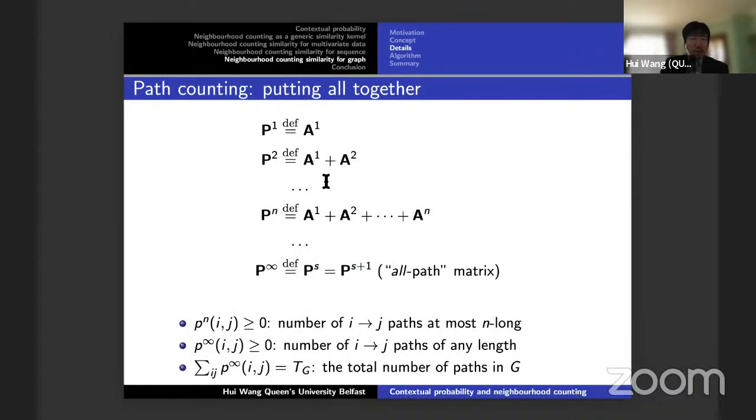That is the accumulation of all the adjacency matrices in the journey of the matrix multiplication. And then at the end, I will have a matrix like this that contains the numbers that I need. When I add up all the entries in this matrix, that will give us the common path counts.